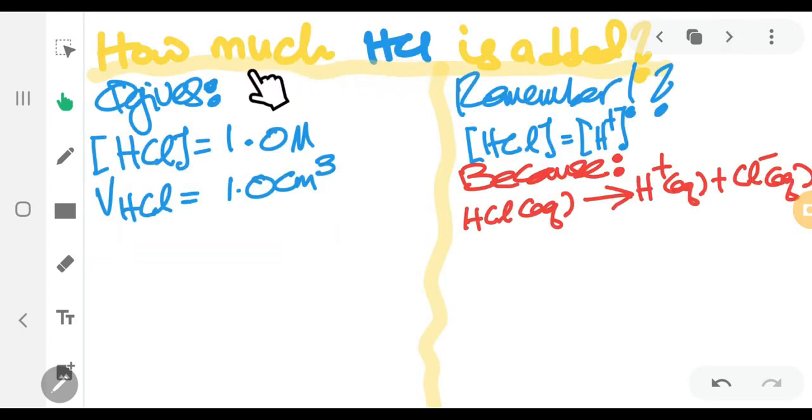Now the question gives the concentration of HCl 1.0 molar and the volume of HCl 1.0 centimeter cubic. And from these two pieces of information given, we should be able to find out the number of mole or the concentration of H plus being used.